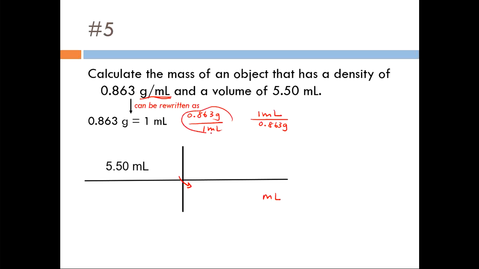Right, the very first one. So let's go ahead and write that in. 1 on the bottom and 0.863 grams on top. My milliliters will cancel out. I'm going to go ahead and solve the problem, and the mass is 4.75 grams. You see, I didn't even need to know the density formula.